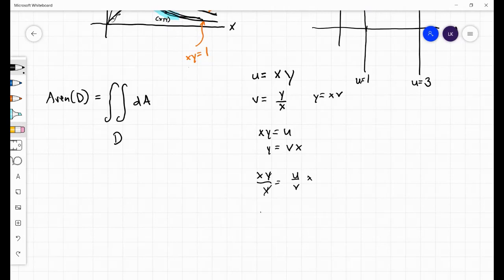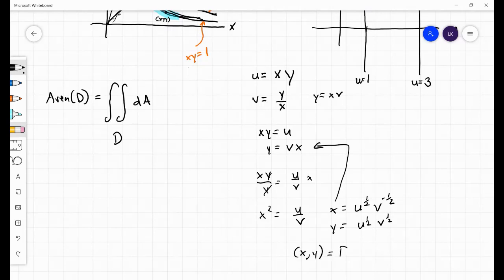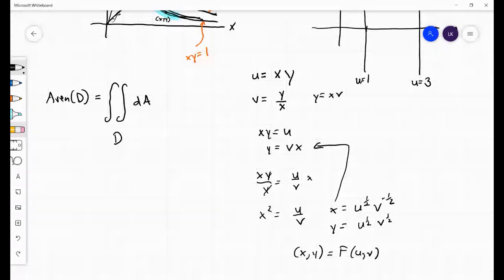So you get that x squared is equal to u divided by v. So x will be the square root of u divided by the square root of v. Now that we know x, we can plug it in, and we see that y would be square root of u times square root of v. Anyway, so we can try to solve for x and y in terms of u and v. So there you go. We have x and y as functions of u and v.